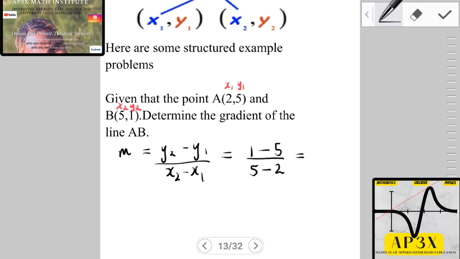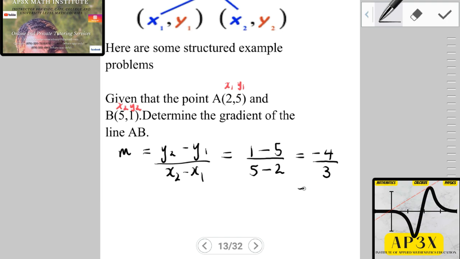And when we work this out, you're going to find that 1 take 5 is negative 4, and 5 take 2 is 3. So the slope value of our line here is minus 4/3.